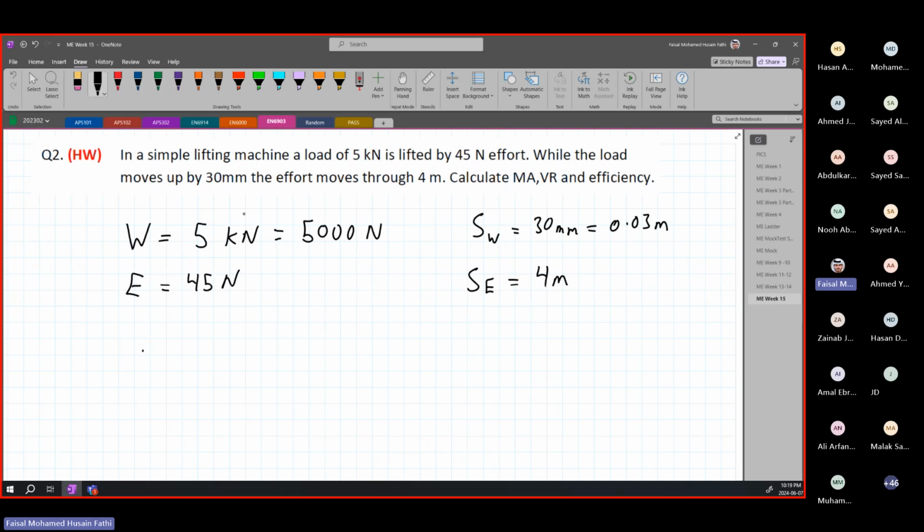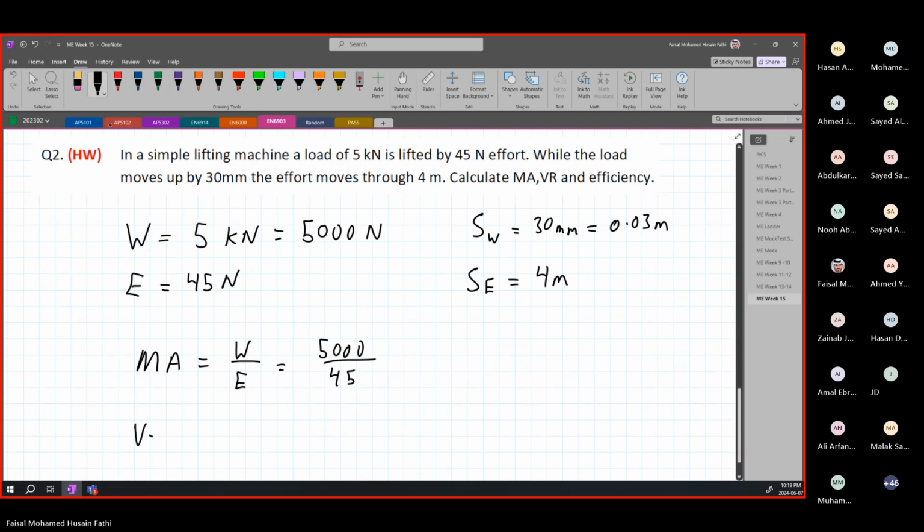Again, simply, our mechanical advantage, MA, is going to be equal to W over E, which is 5,000 over 45. And our velocity ratio is going to be SE over SW. So they're opposites, all right? For MA, you're putting the load over effort.